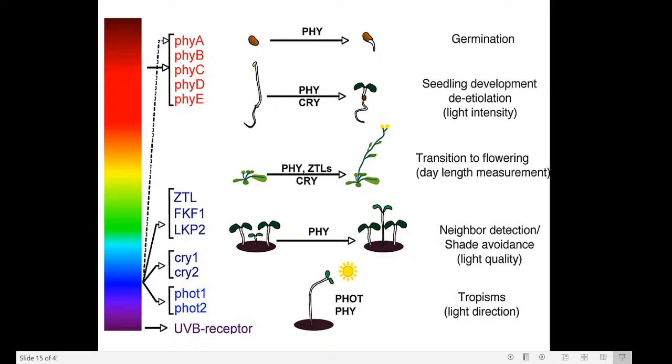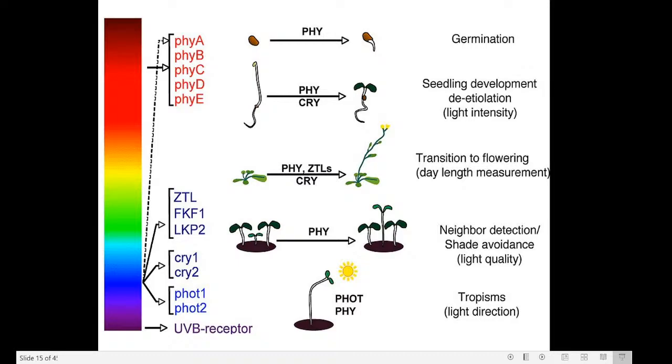Here once again I am going to repeat. Phytochromes are involved in germination and seed development. Etiolation and seed development processes also happen with the cryptochrome. Another thing is ZTL, FKF1 and LKP2. These are involved along with the cryptochrome.